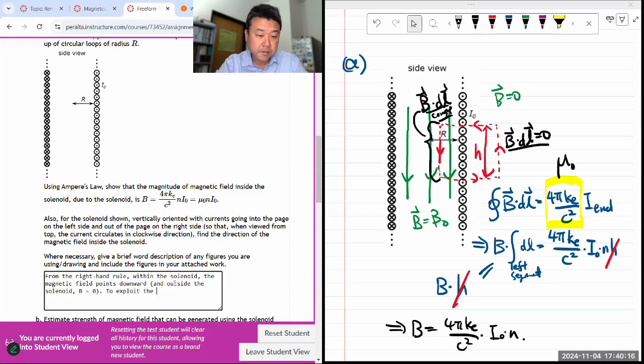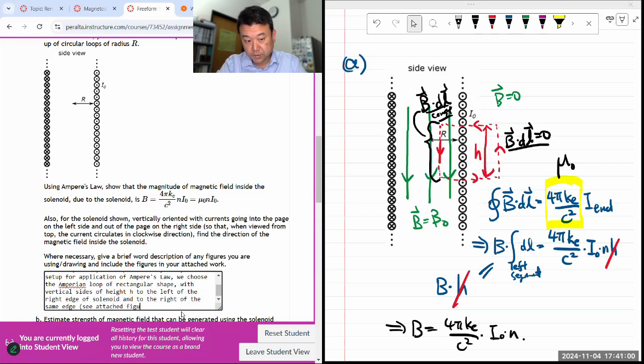To exploit the symmetry in the setup for application of Ampere's law, we choose the Amperian loop of a rectangular shape with a vertical size of height h to the left of the right edge of the solenoid and to the right of the same edge.